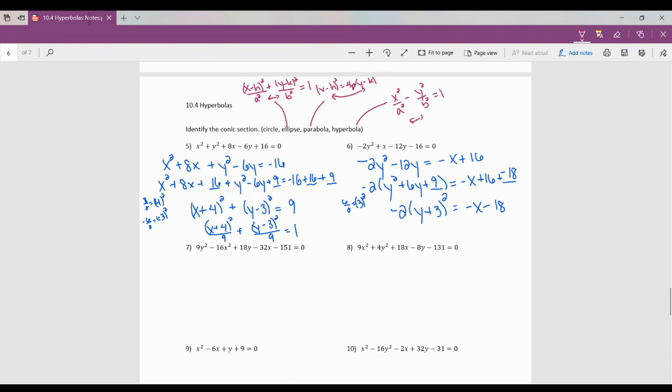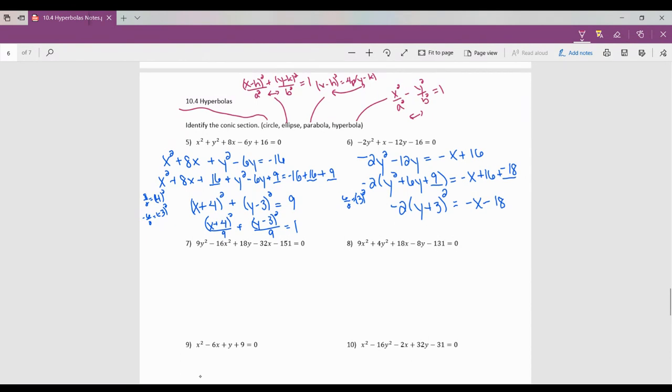Okay. And then we have a circle. So way back when, taking it all the way back to section 1.1, our circle was x minus h squared plus y minus k squared equals r squared. All right, so the thing that was different is instead of it equaling 1, it equaled r squared.